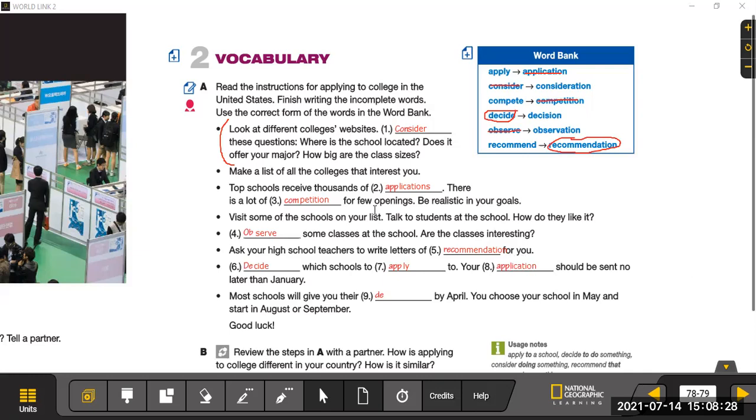And Fiordalisa, give me the number 9. Most schools will give you their decision by April.